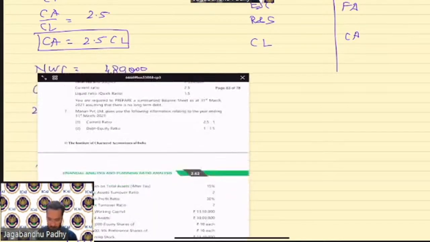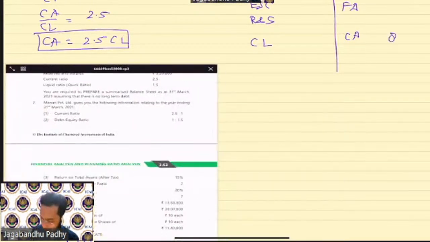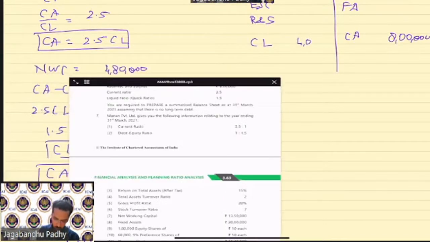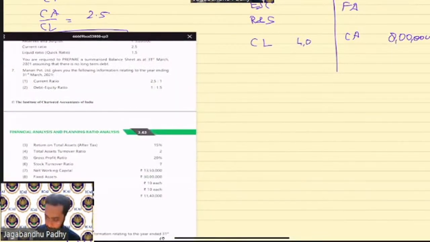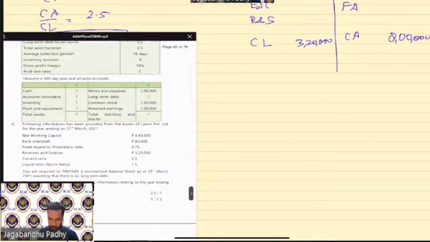So we have got current asset to be 8 lakh, current liability to be 4 lakh. No, that's not 4 lakh. Current liability is 3,20,000.